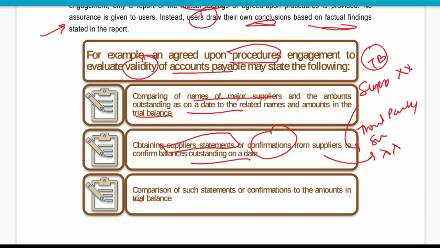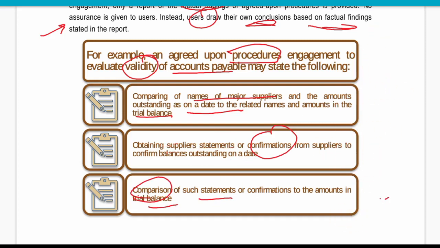Then he will compare such statement and confirmation with the trial balance. Okay, he will compare them both and give a factual report that as per trial balance, the amount is this, and as per the third party confirmation, the amount is this. And now we will not make any conclusion. The conclusion is to be made by the user, the user of that particular agreed upon procedures report.